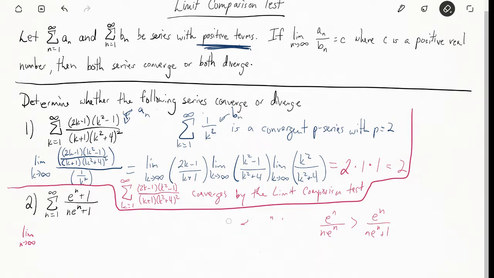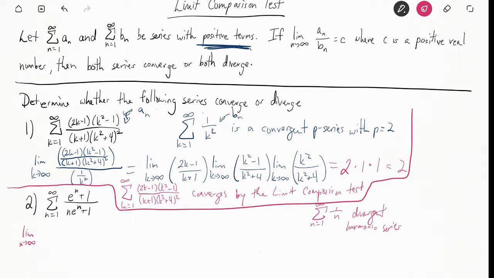And if that is the case, you said, just drop the 1s, and I agree. You have e to the n over n e to the n, and the e to the n's would cancel. The big to do would be n equals 1 to infinity of 1 over n. And so this is a divergent harmonic series. Okay.